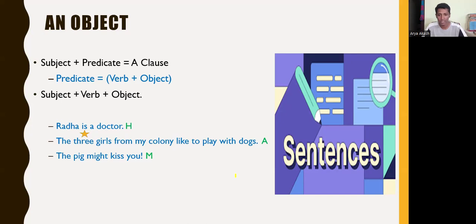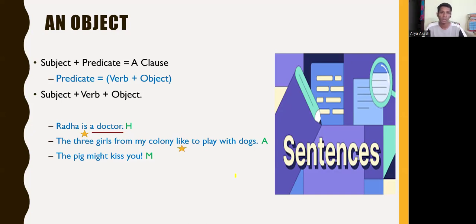On the slide, you can see the star mark represents the verb. The underline represents the object. So what kind of verb is it? As per the table I have just shown you, here is a helping verb. This is not talking about an action. It is talking about the state of being. In three girls from my colony like to play, like is the verb.